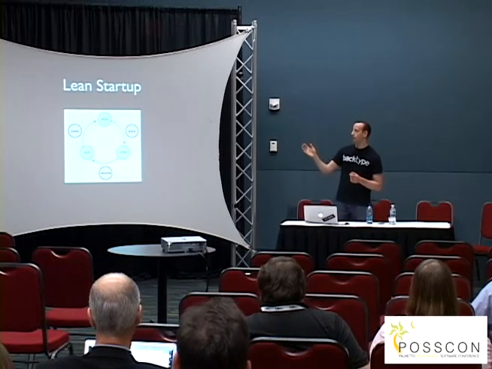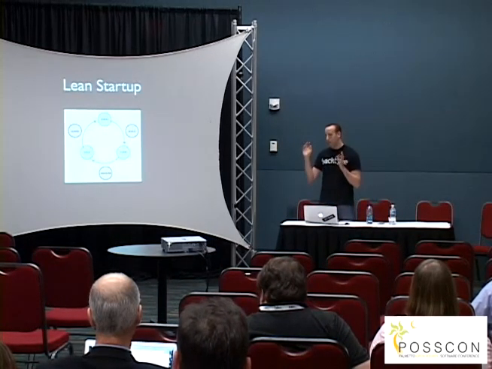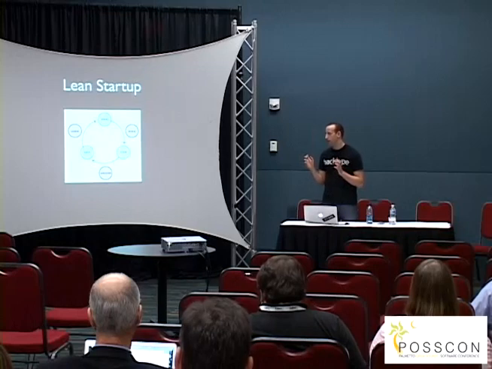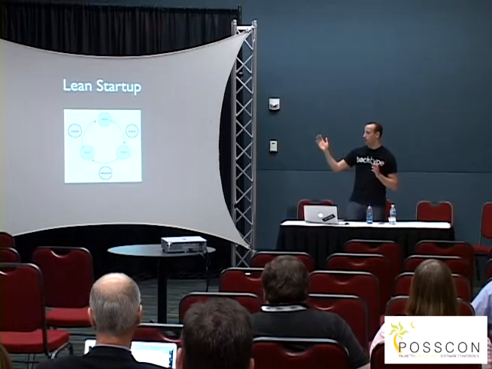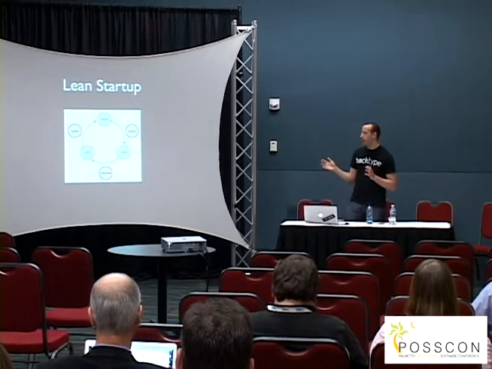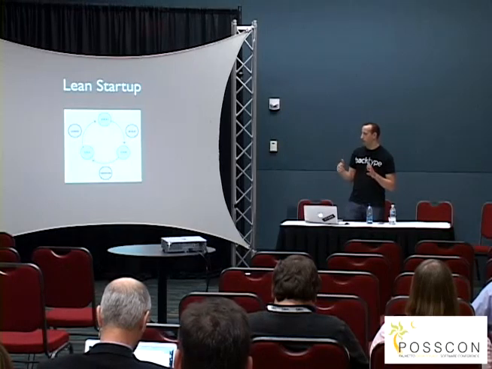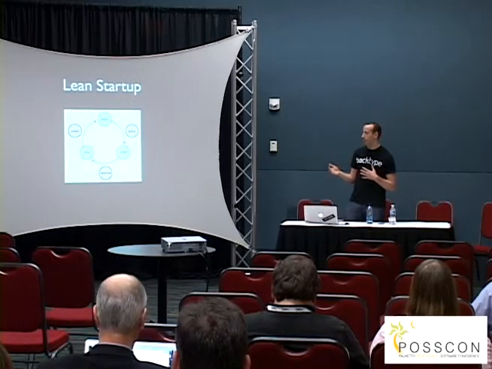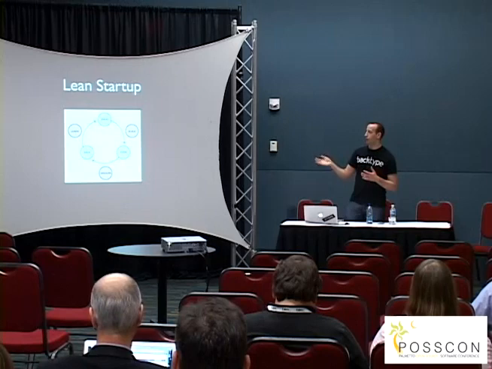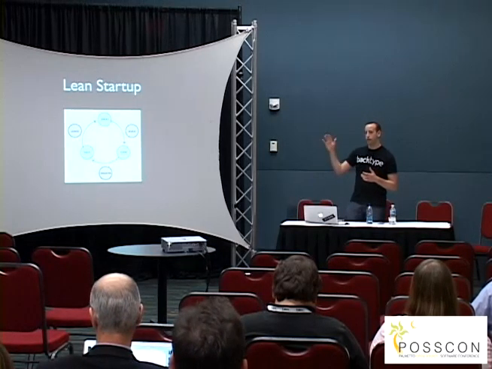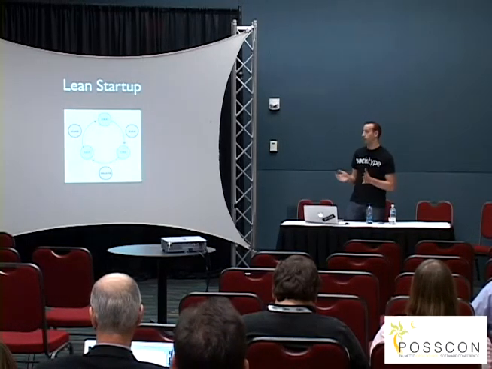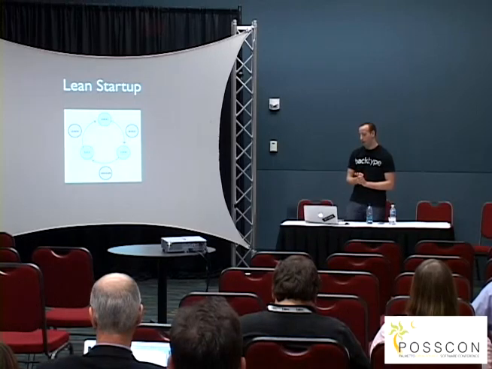So you just have some ideas, you build a minimum viable product to test those ideas, you produce code, you then measure what's the impact, do people care about this? What's the impact it has on my business? You produce data, you learn from that data, which forms new ideas, and then the cycle continues. And it's very much what we do at BackType, and it's helped us avoid wasted work and stay focused on what people are going to care about most, and how we can spend our time most efficiently.